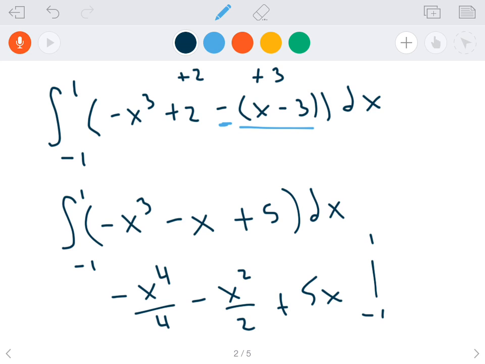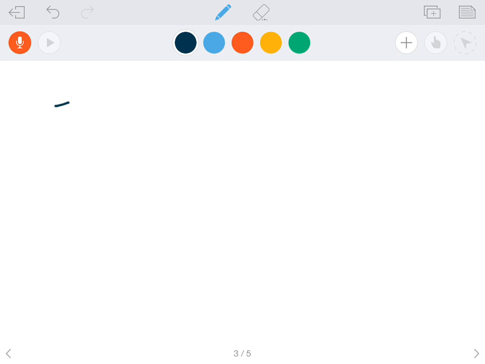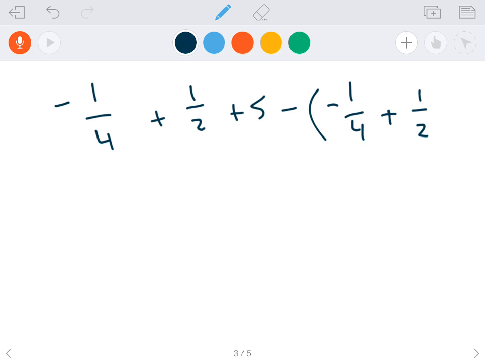And those fractions get a little bit tedious, but that's okay. I have negative 1 to the 4th over 4 plus 1 squared plus 5 minus my lower limit. And I'll go ahead and distribute this negative, see what happens here.